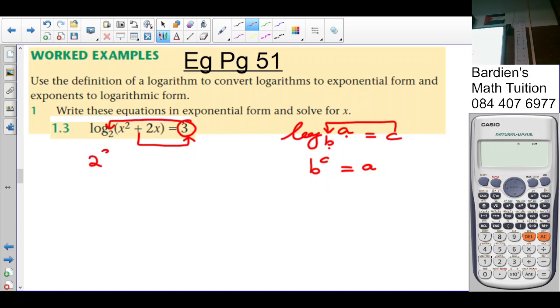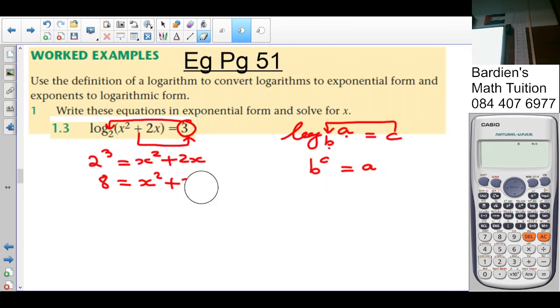So here I got 2 cubed is equal to x squared plus 2x. So 2 cubed is 8. So 8 is equal to x squared plus 2x. So to bring the 8 over, we will have 0 is equal to x squared plus 2x minus 8.